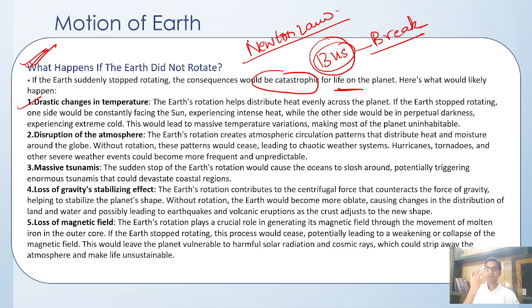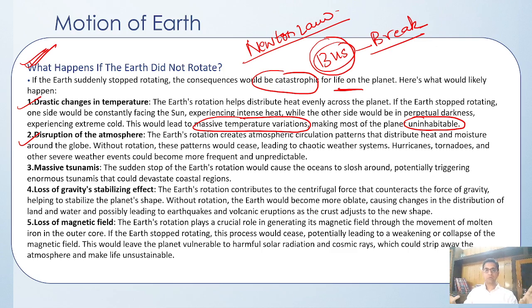The part facing the sun will have very intense heat, and where there is darkness, there will be maximum cold, with negative temperatures. So there will be high temperature variation, and our planet will become uninhabitable.